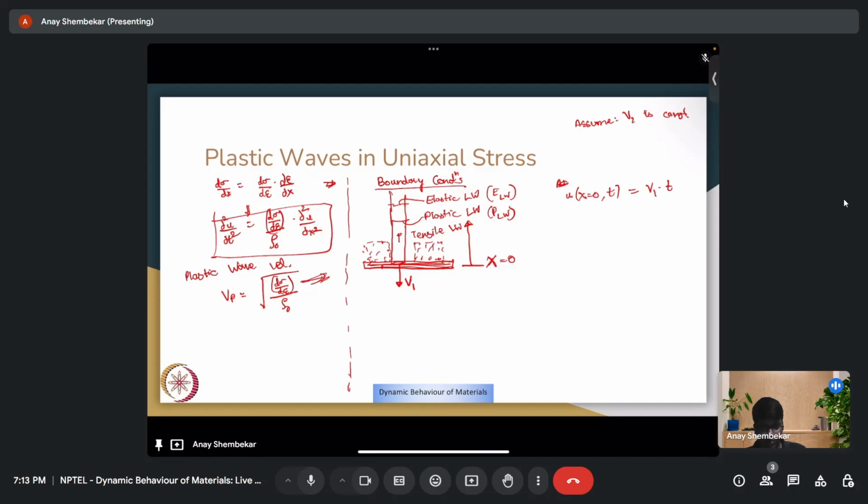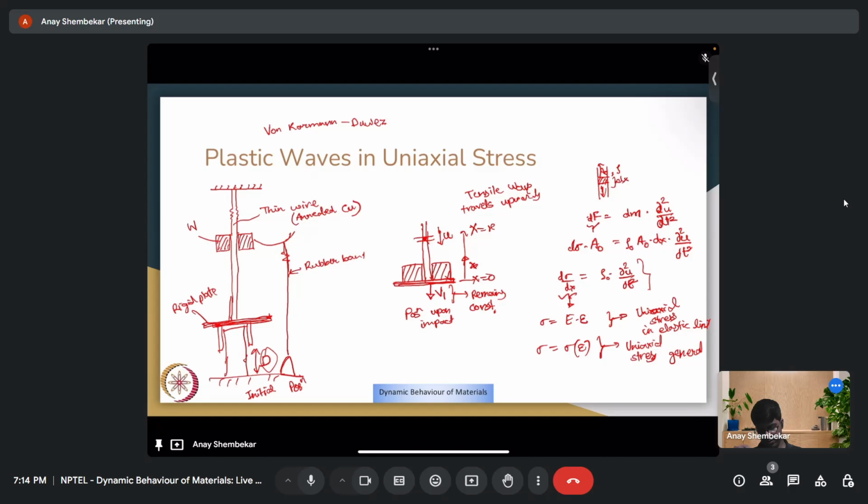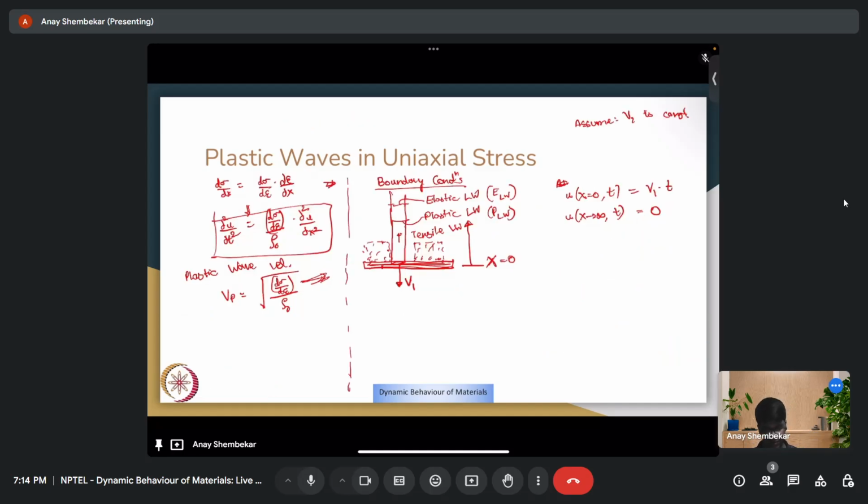Another boundary condition is u at x tending to infinity for all time is 0, which means that the other end of the rod is fixed. The top end of the rod, as we have already seen in the diagram, is fixed here. So the displacement of the top end of the rod is 0, whereas the displacement of the bottom end is given by v1 times t.